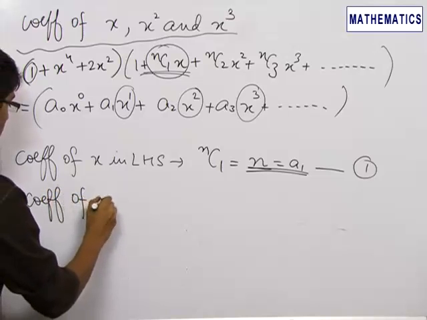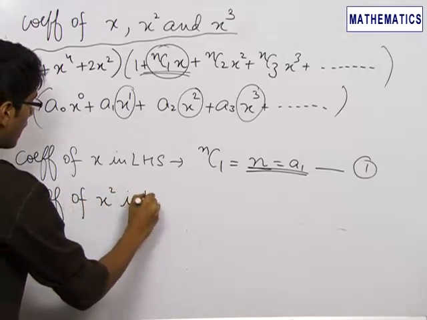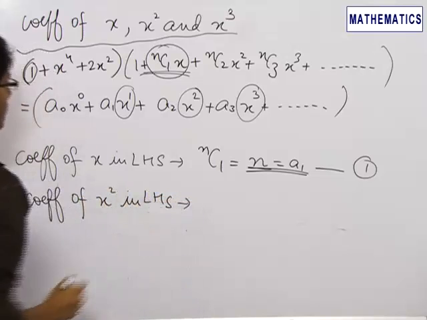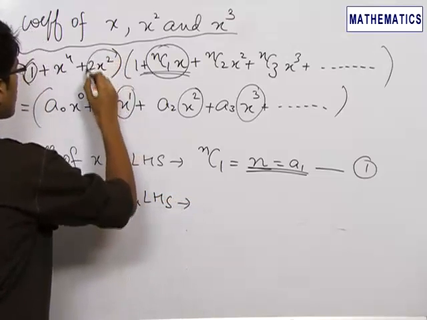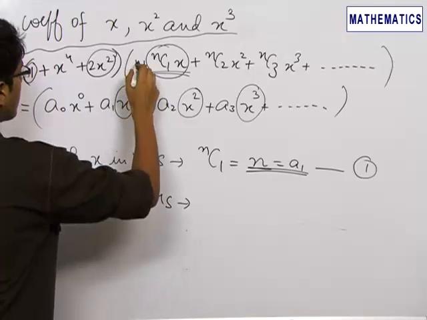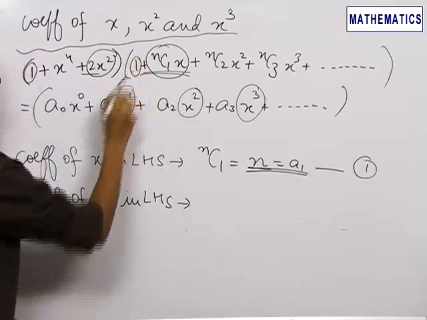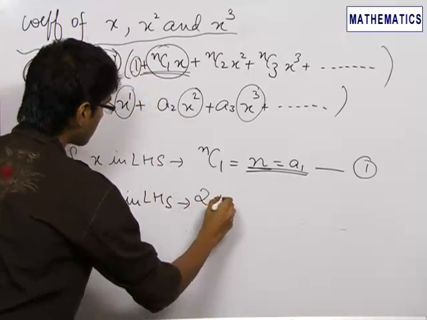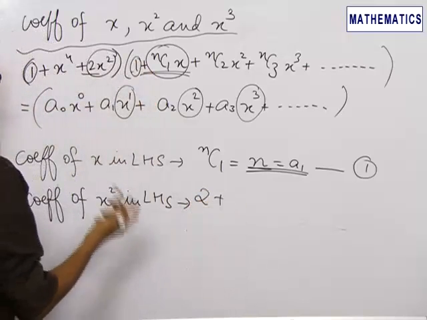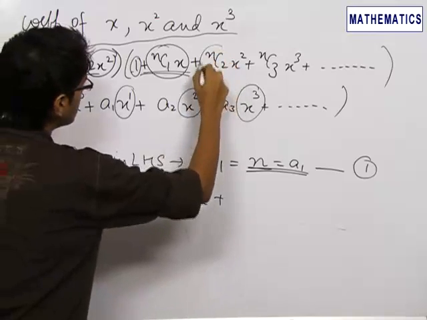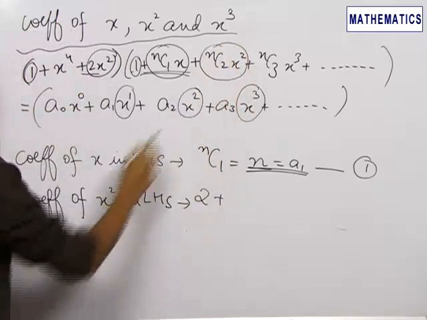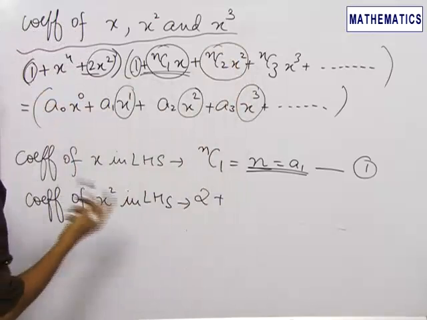Now the coefficient of x² in LHS will be, we see when this 2x² gets multiplied by this 1, we get a term of x². So 2 into 1 will be one of the coefficients. We will see whether there is another coefficient or not. There is nC2 x², which when multiplied by this 1, gives another x² term.